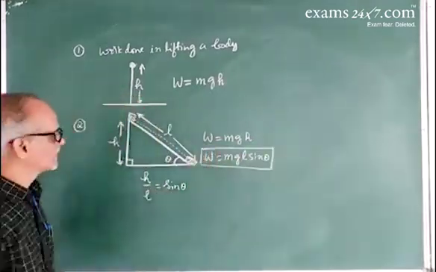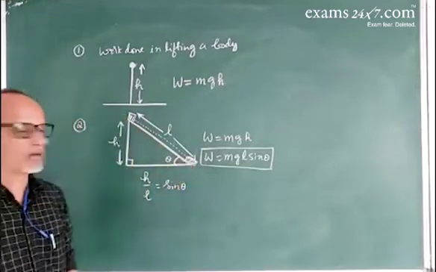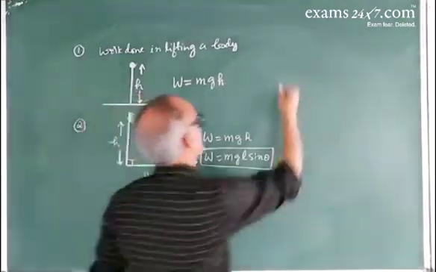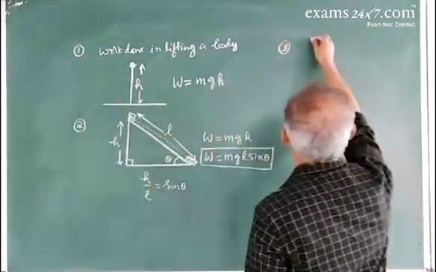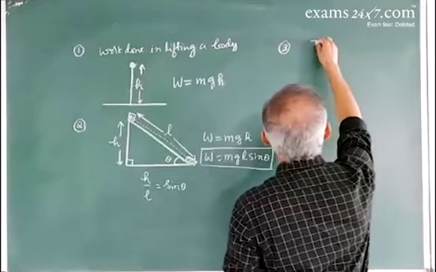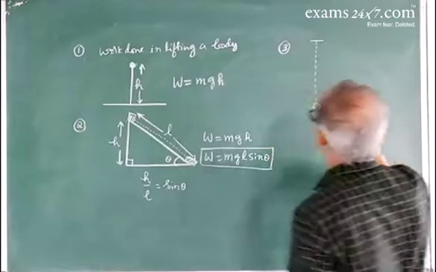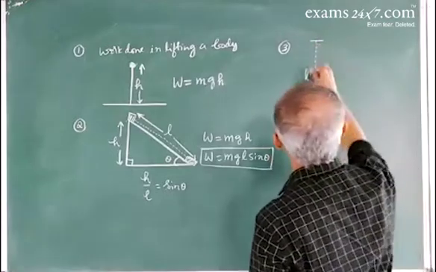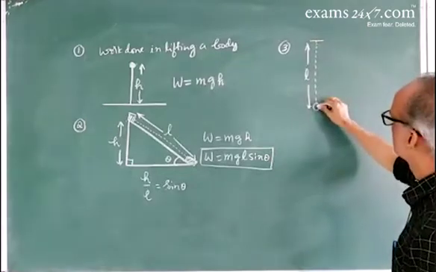This is the format used to find the work done in displacing a body from the base of the inclined plane to the top of the inclined plane. Again, we are going to use the same format in one more case, where we have a pendulum whose length is L, and the pendulum is taken to a side.